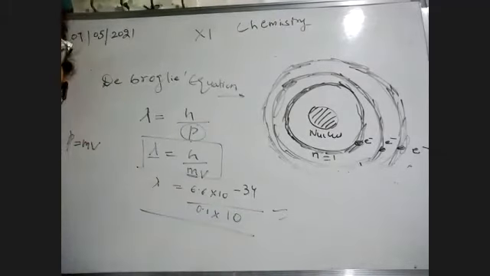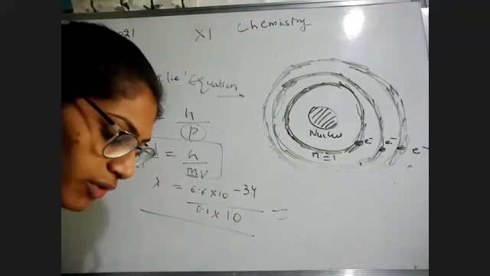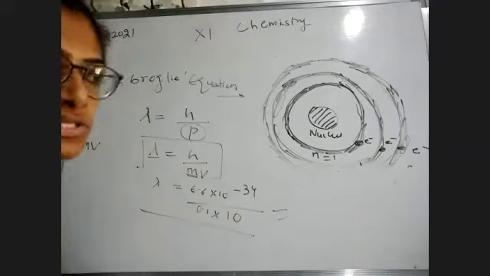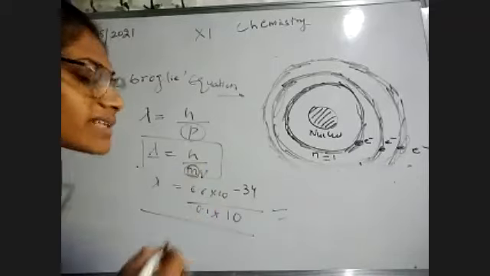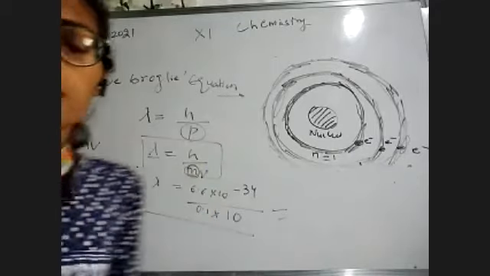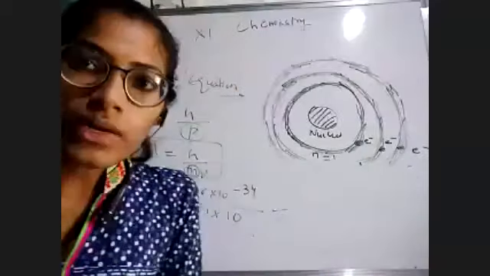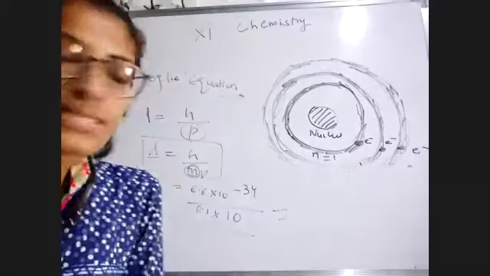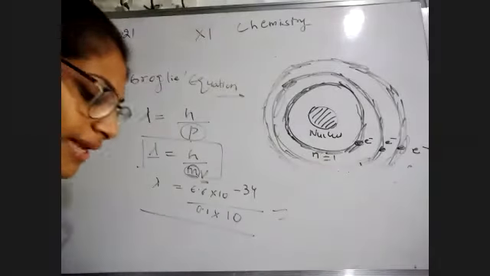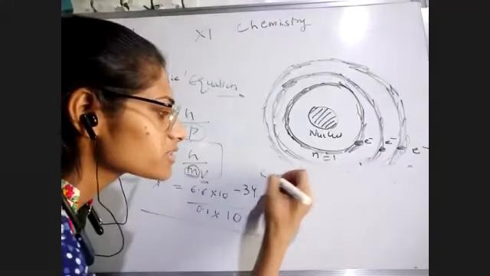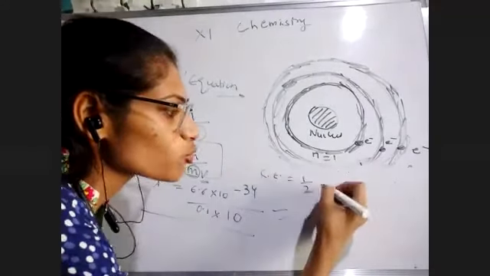So simple. In the second one, the kinetic energy is given, and we have to calculate the wavelength. The mass is given and the kinetic energy is given. So can we calculate the velocity with the help of the kinetic energy? Yes, we know very well that kinetic energy equals half mv square.